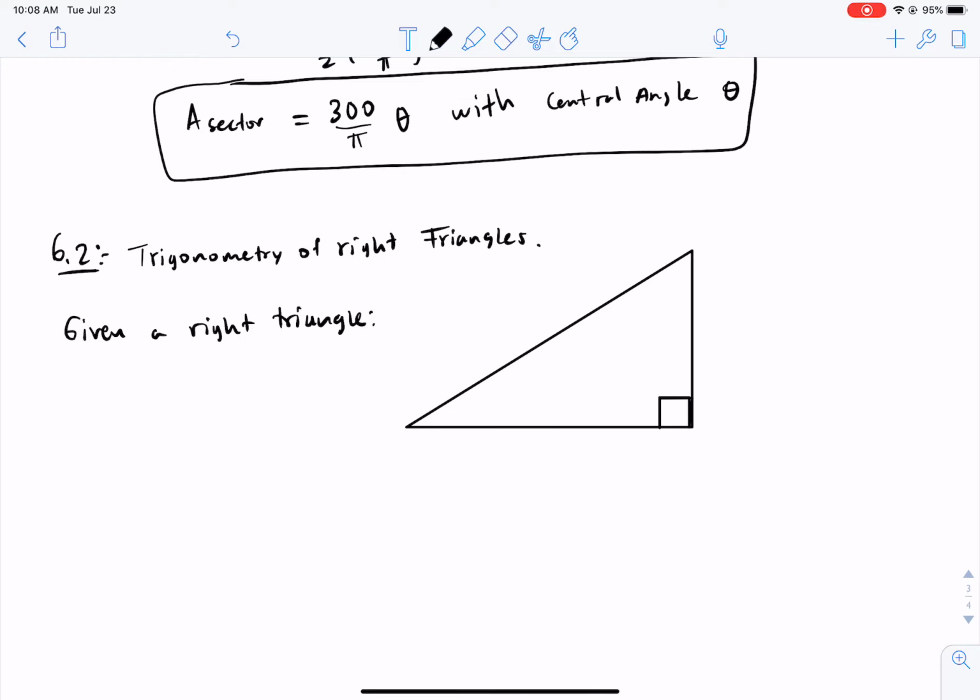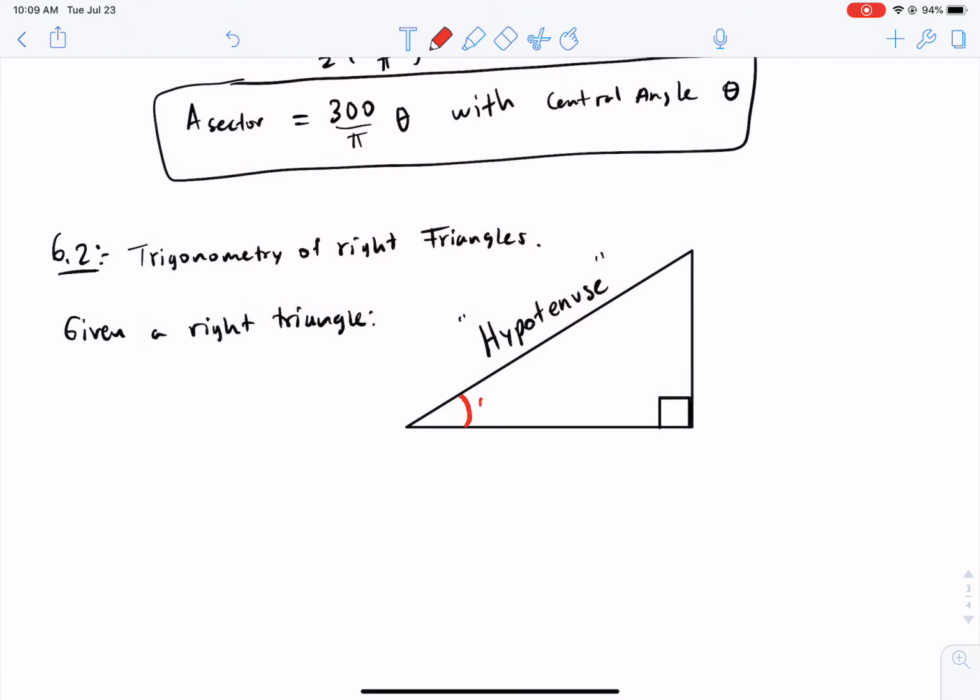We should know that the longest side of this is going to be the hypotenuse. So let's call it hypotenuse. And the other two sides, it doesn't matter what they are, we're going to call them lengths. But imagine I give you an angle. It doesn't have to be the base angle, it could be the other angle up there, but let's give you this angle here at the base.